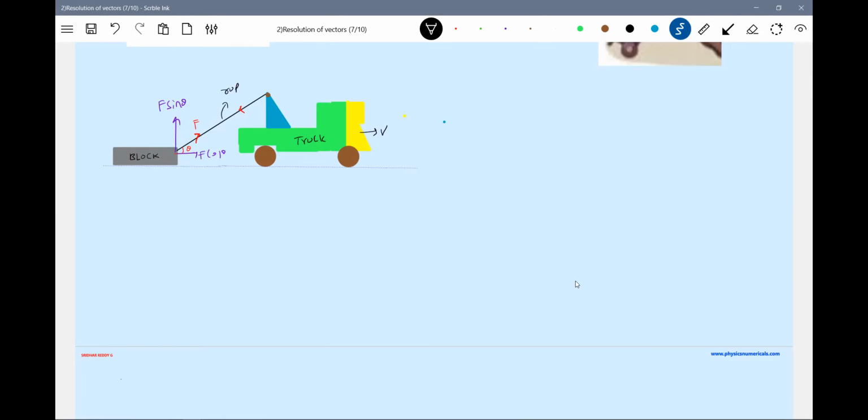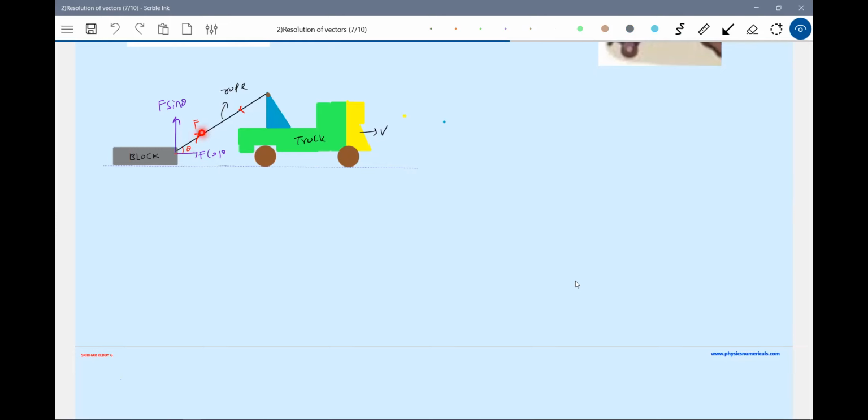This particular block is a heavy block. So I'm going to pull this block using this truck, this setup I made. Then some force is set up in the rope. A component of force on the block will act horizontally, the other component will act vertically. If I ask you what is the force exerted by the rope on the block horizontally, it is F cos theta. This other component I'm going to split up now: F cos theta here, F sin theta.